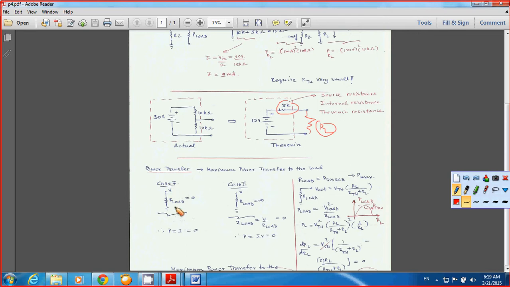Okay, case 1. You can bring that circuit down here. In case you have no load, or a short circuit, the power transfer to the load becomes 0. Why? Because your R load becomes 0.